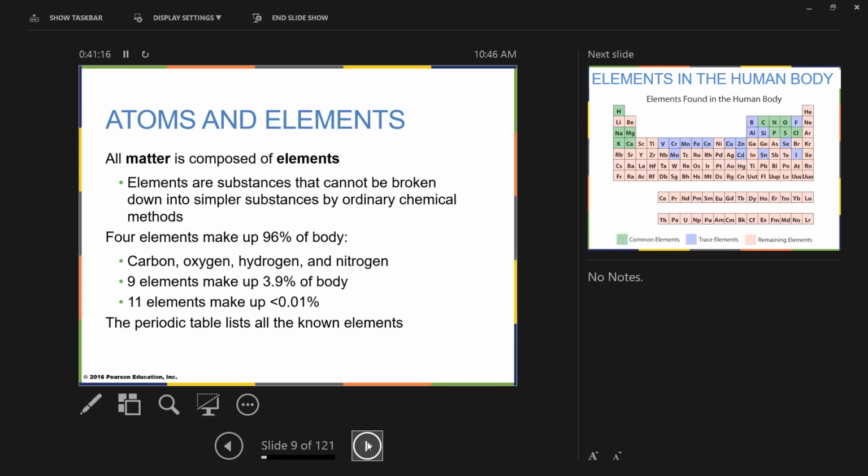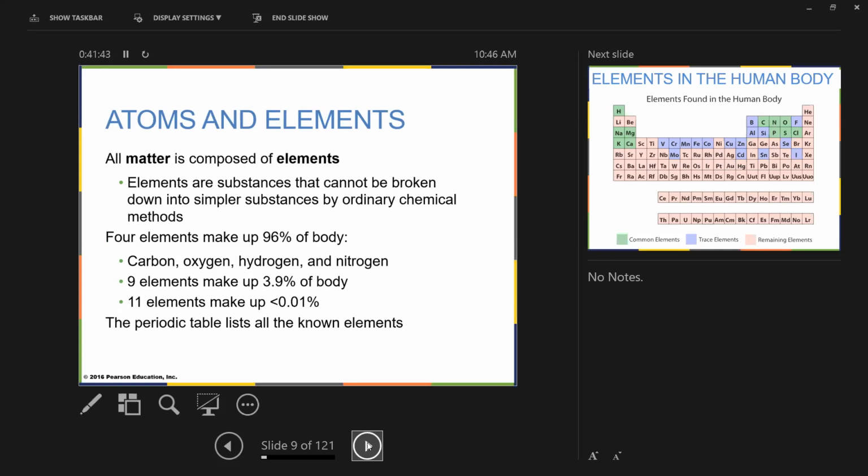For example, take carbon. You can't break carbon down into something smaller than carbon. Gold is an element. You can't break gold down into something that is less than gold. You can't do that with lead or hydrogen or helium or oxygen.